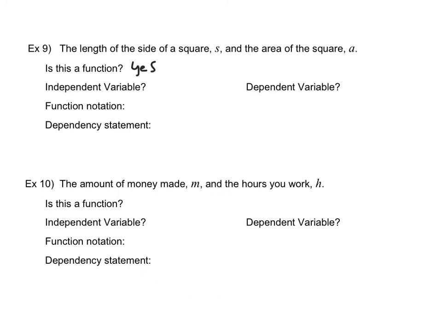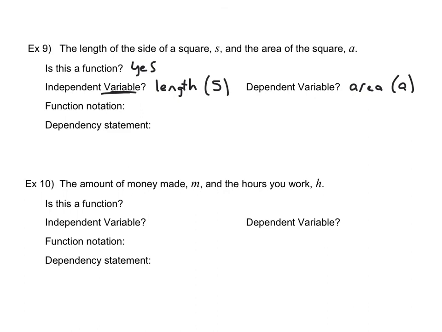Okay, the independent variable is the cause, remember, and the cause is going to be the length of the side of a square, so that would be S. So we're going to use a variable. So the length S, this is the independent, and then you have the area, which is the dependent. So the area depends on the side.